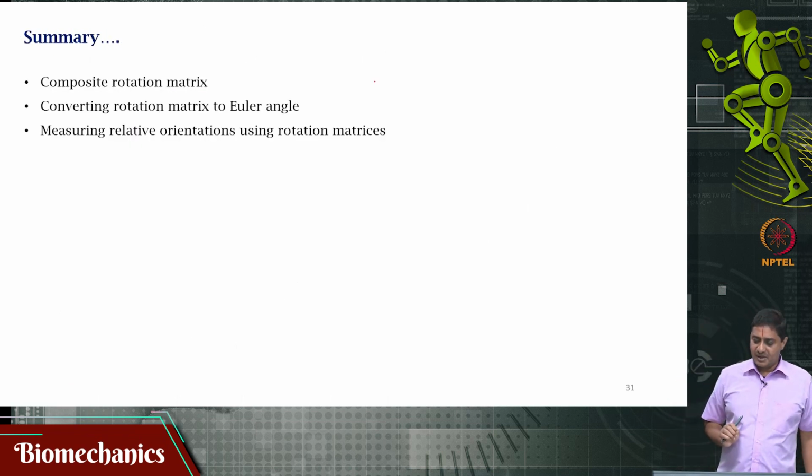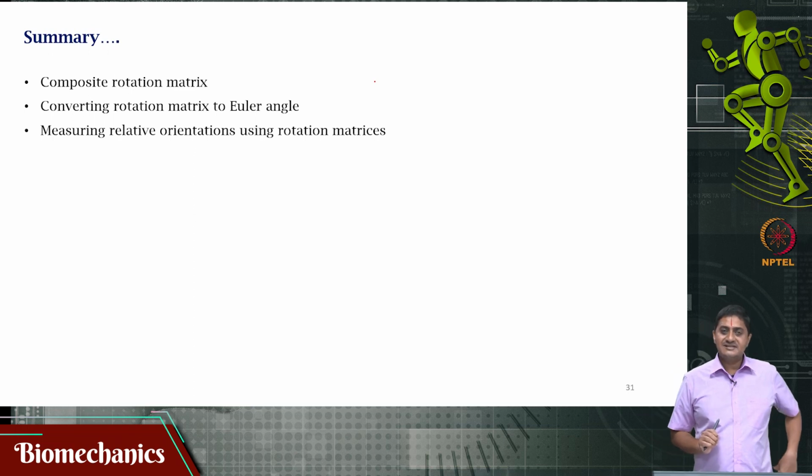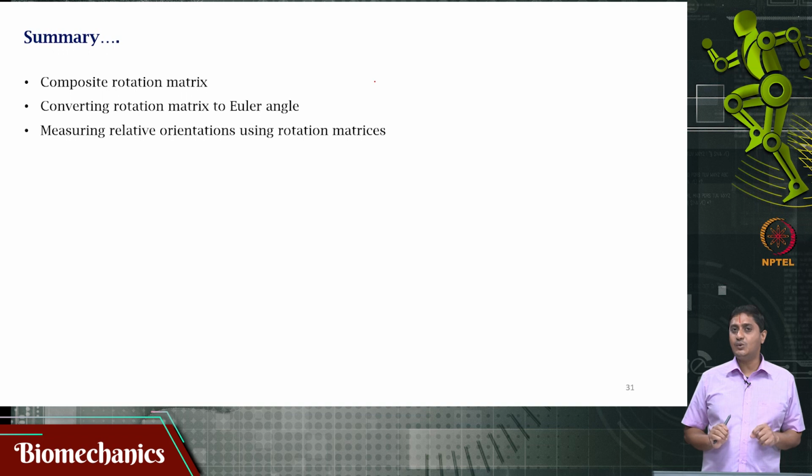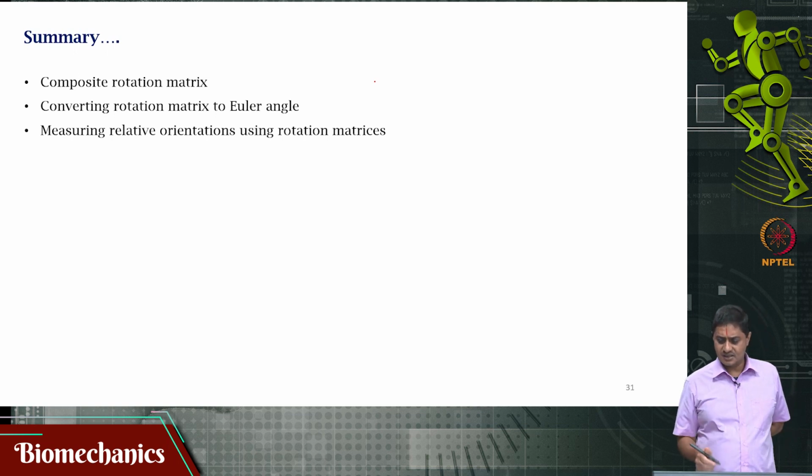Something to keep in mind is the order of the Euler angles. The sequence matters. If I have 3 principal axes, what are the various ways in which the order can go? Let us write those out.